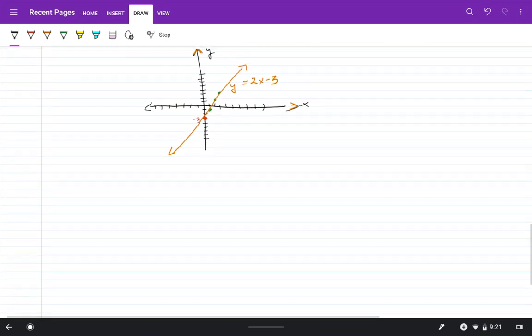Last one, graph y equal negative 1 over 4x. So, solution: here you only have x, you don't have a number which stands by itself.